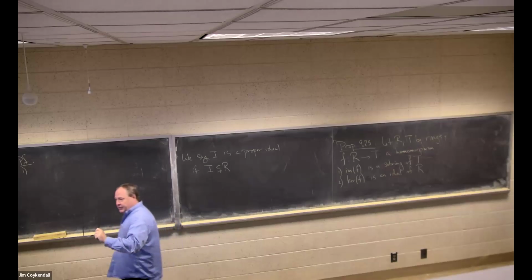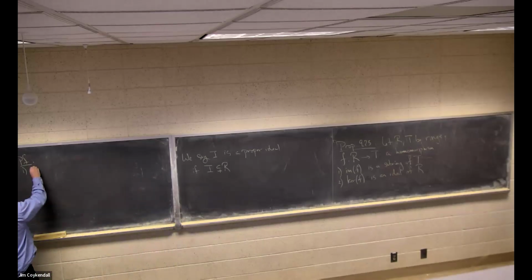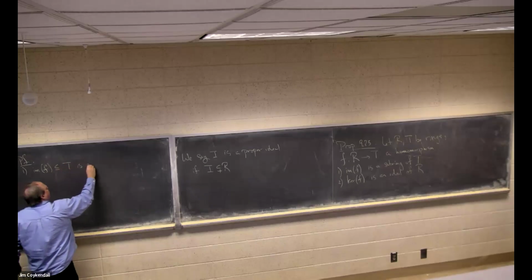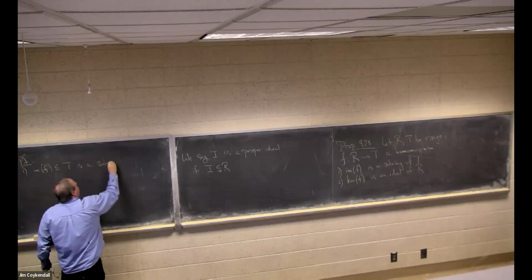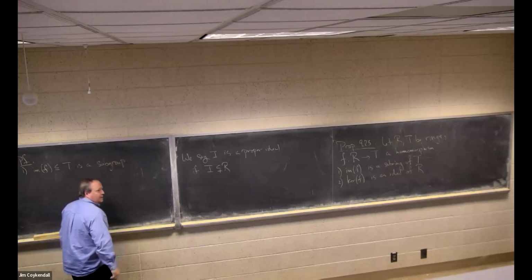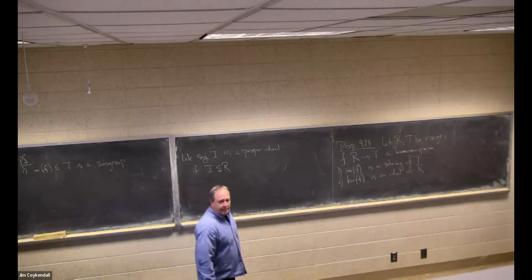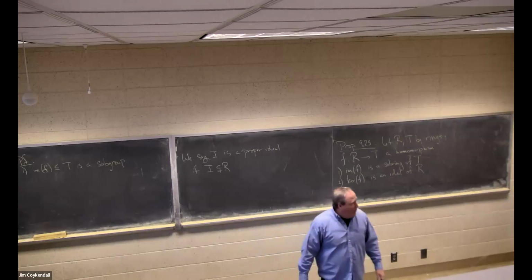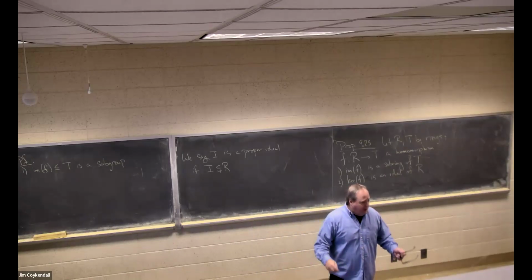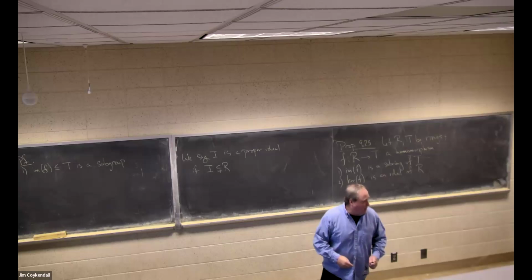I know this from what I've done before. The image of f in T is a subgroup, and baby, we're halfway there to a subring. All we have to do is show that it's closed under multiplication.